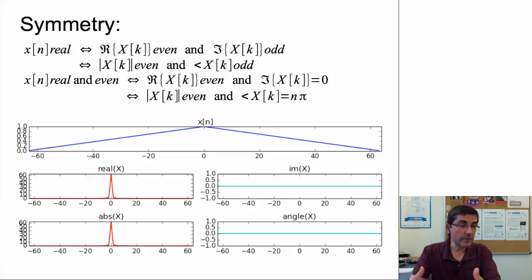And then if we look at it from the polar representation of the spectrum, we will see that the magnitude spectrum has an even symmetry and the phase spectrum has an odd symmetry.